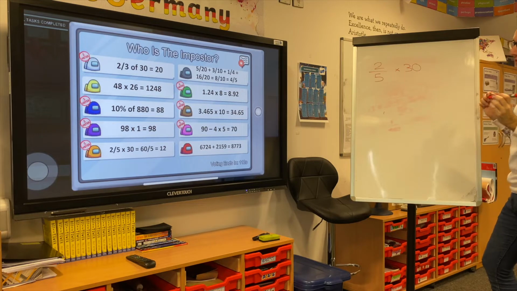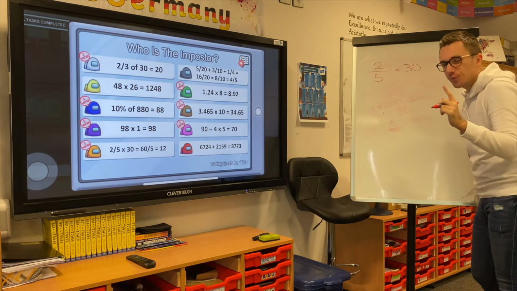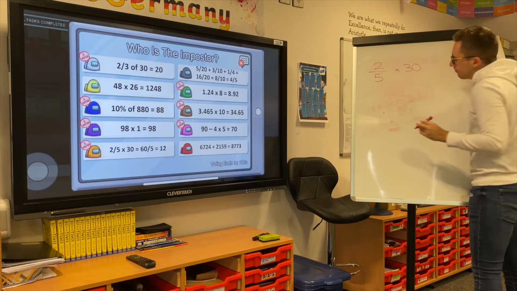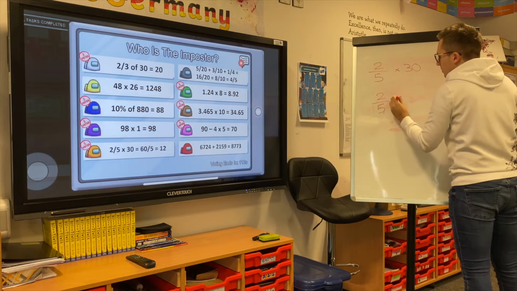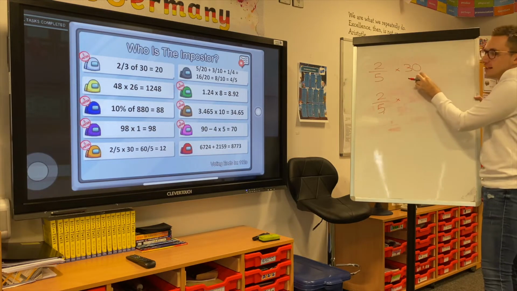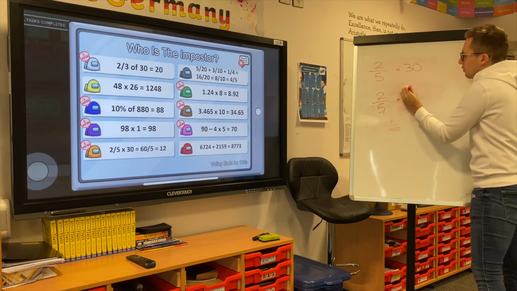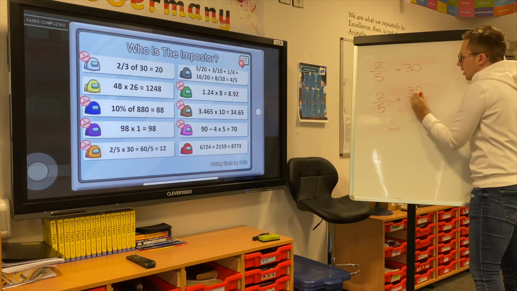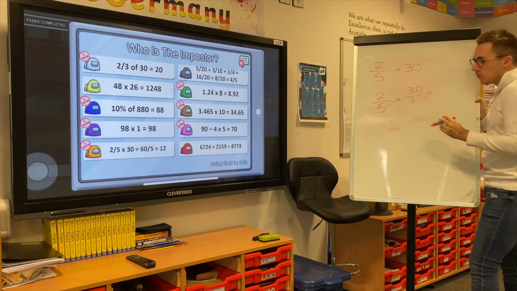Okay, so to do that, first thing we need to do is turn that into a fraction. So it's going to be 2/5 times, now remember, any number as a fraction is itself over 1. So it would be 30 over 1. When we're multiplying fractions, we just do what it says.